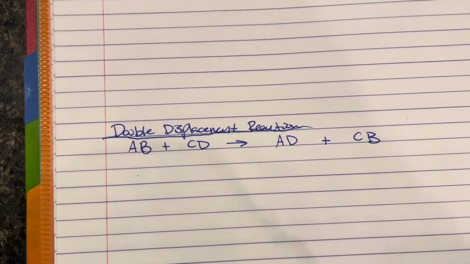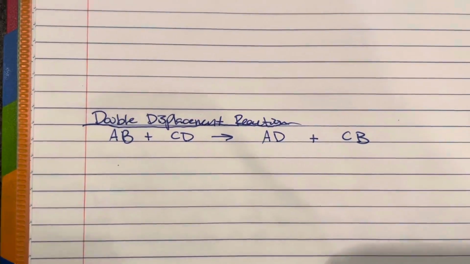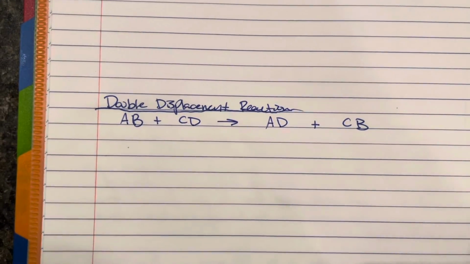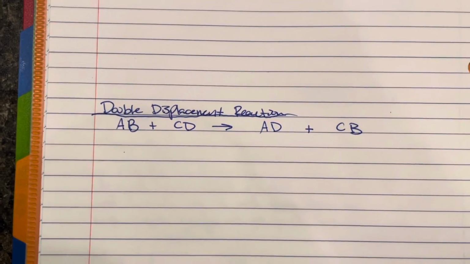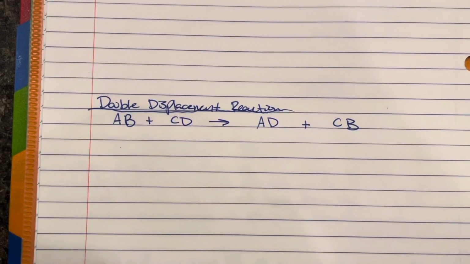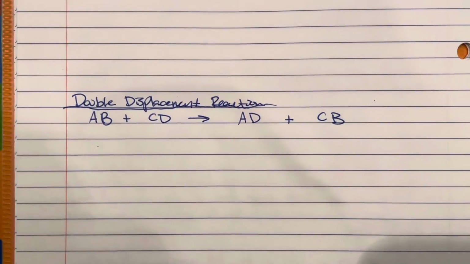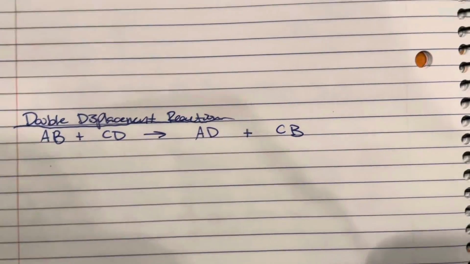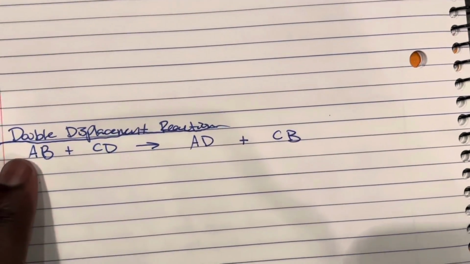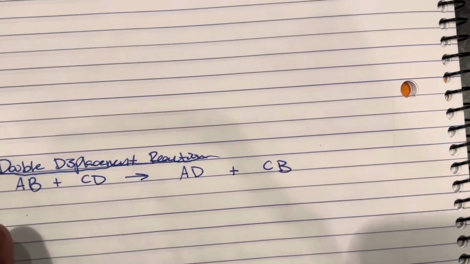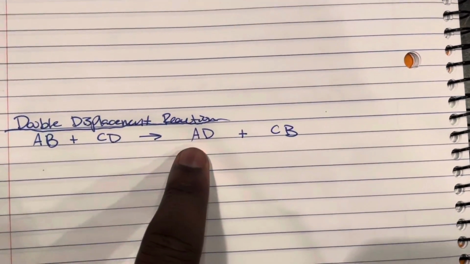A and C are both cations, while B and D are both anions. The anions and cations essentially switch to have a new partner, switch and or displace. That's why, as you can see, both of them do this. That's why it's called a double displacement reaction.